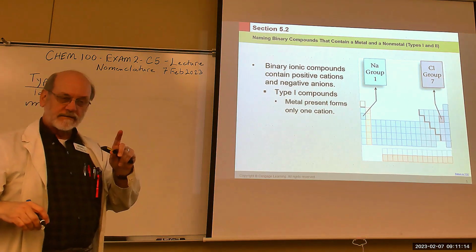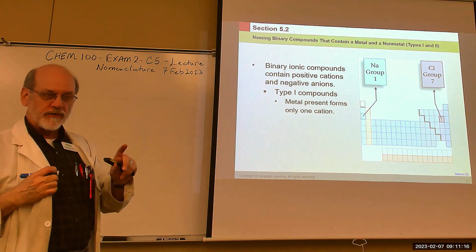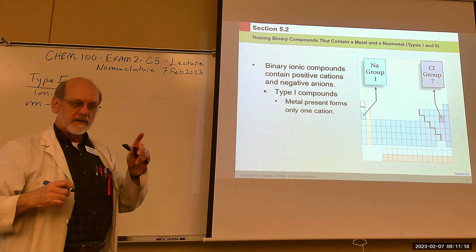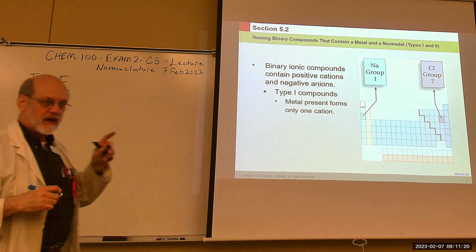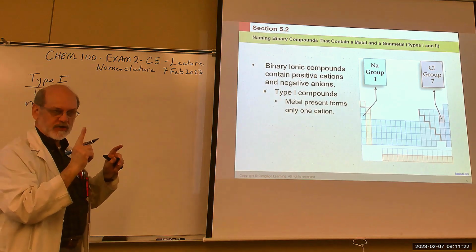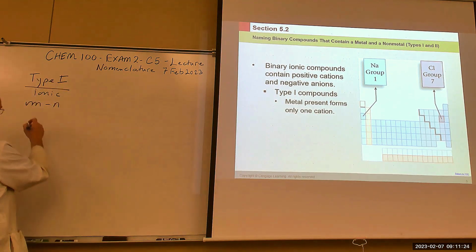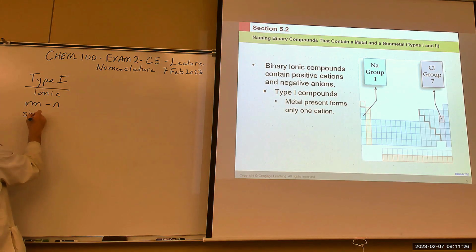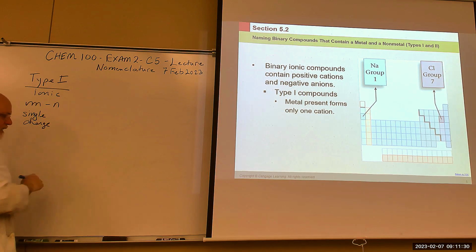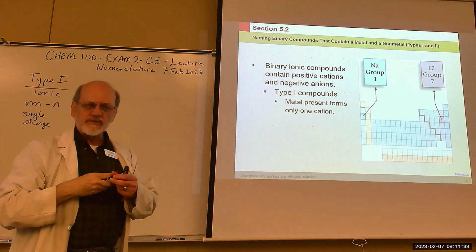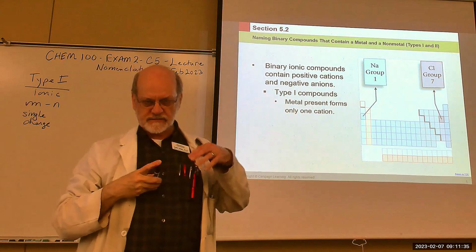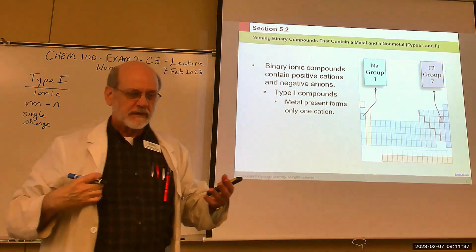And the metal is drawn from a part of the table where the metal can only have one possible charge, a single charge. So there are only certain parts of the table where that's the case.